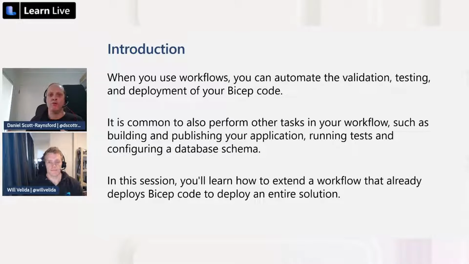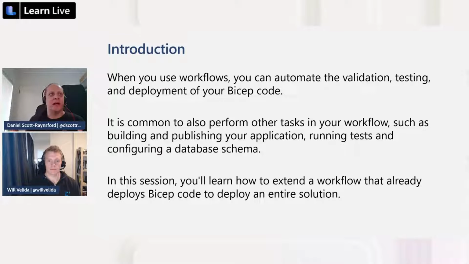But what we often want to do is automate as much of the process of getting our application, our solution, running in Azure as possible. And so we want to add as many of those manual tasks as we can into our workflow so that we have a repeatable process that we can depend on to get our code into production.